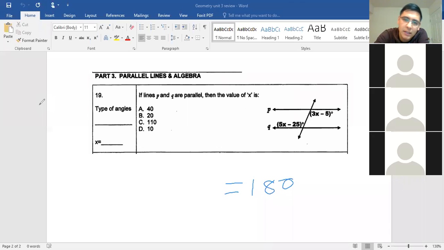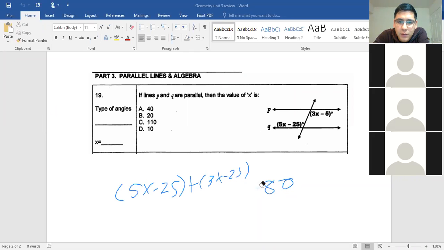So we would add both of those angles together, right? And again, this is saying if these were supplementary, right? We would add them together and set them equal to 180, which just basically means combine our like terms.